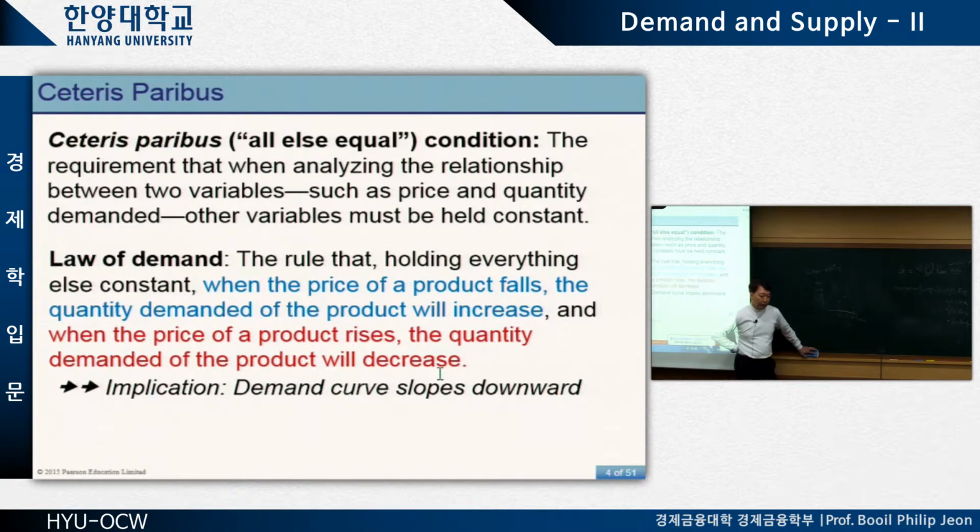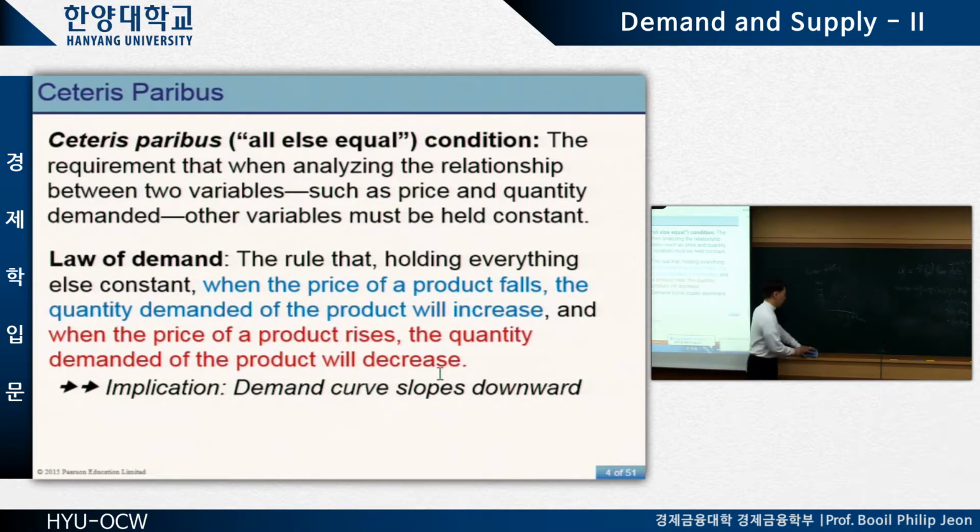The person was interested in father's height and son's height. Okay? So he was trying to find out, children resemble their parents, right? So what's the relationship between a father's height and son's height? If father's tall, will the son also be tall?